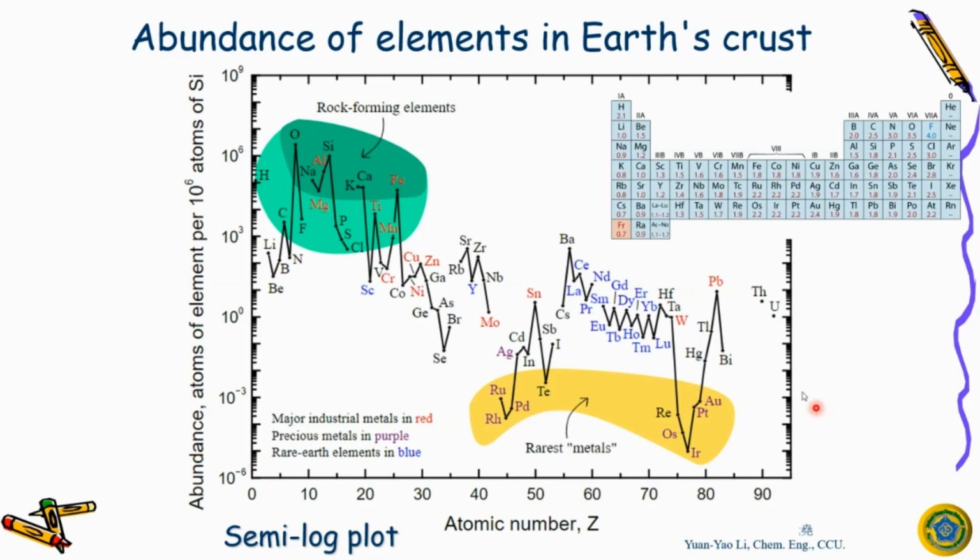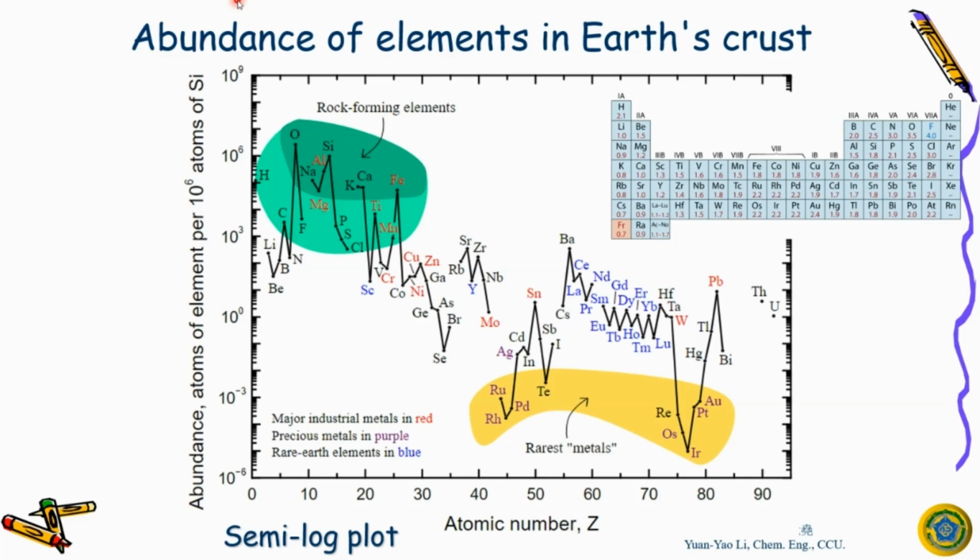Does anybody want to tell me why they use a semi-log plot in this case? Compared to this element, this one is about 10 to the minus 3 order, and this is 10 to the minus 6, 10 to the 6. If you use a non-log plot, what happens? You have to make the scale very, very large.